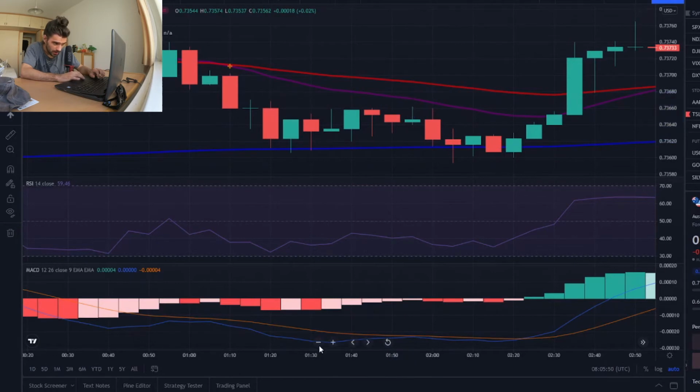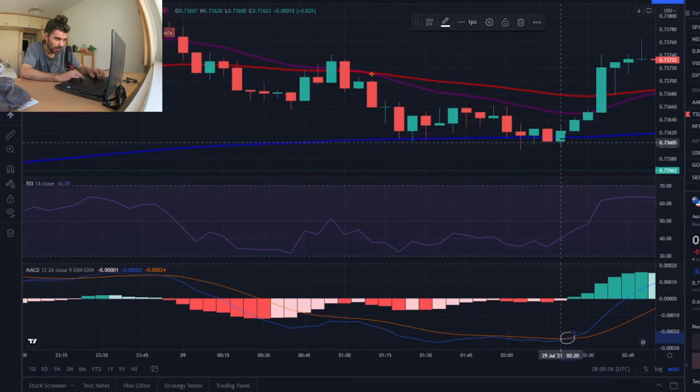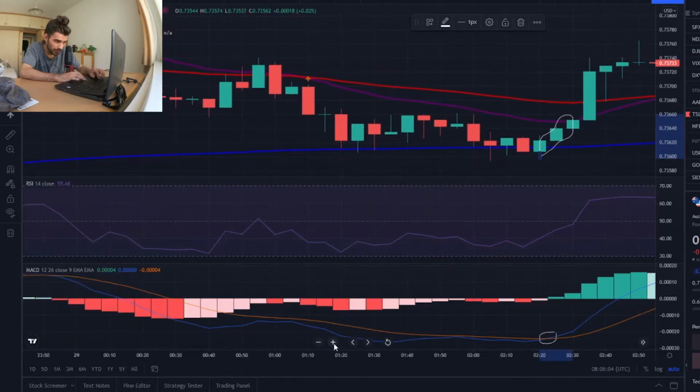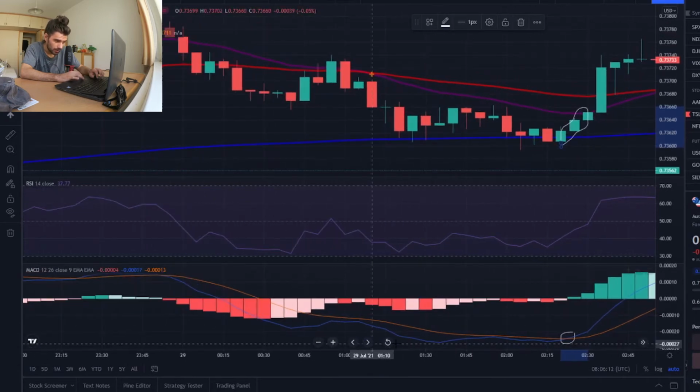Now if you take the second cross, suddenly we saw 3 green candlesticks, which are called the three white soldiers, and a very bullish movement and change of direction with the RSI and with the MACD.